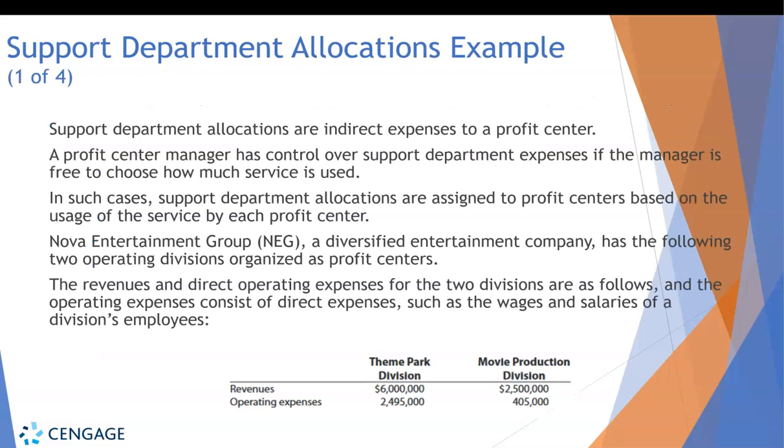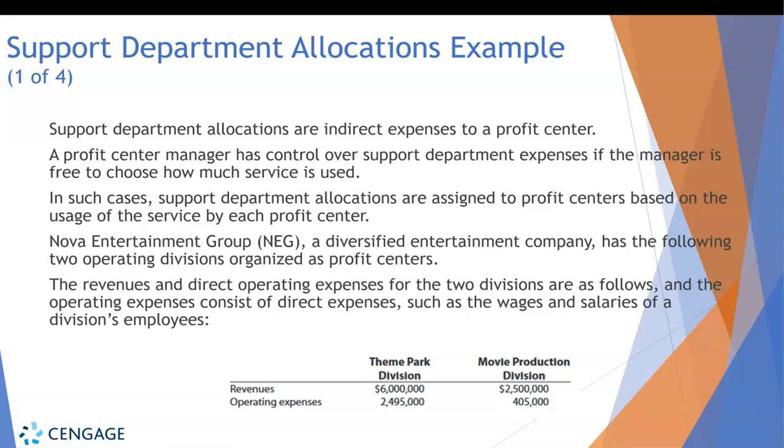So they're indirect expenses to a profit center. A profit center's manager has control over support department expenses if the manager's free to choose how much service is being used. If that's the case, then support department allocations are assigned to profit centers based on the usage.